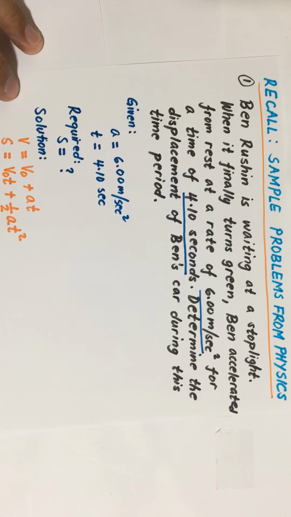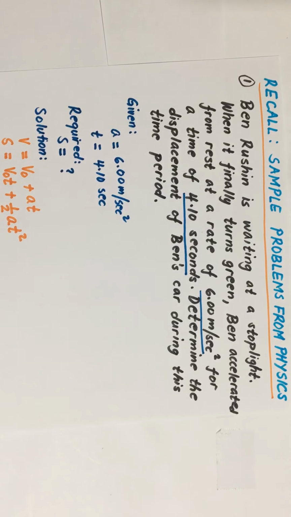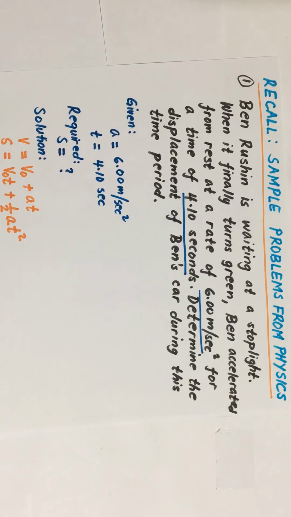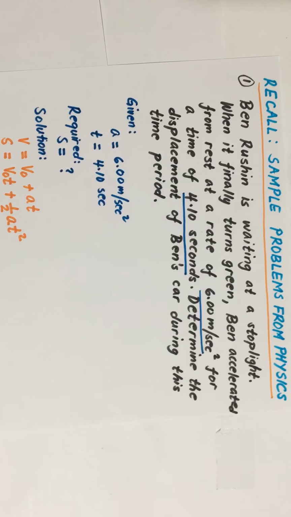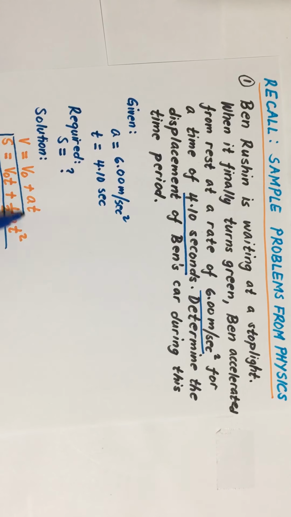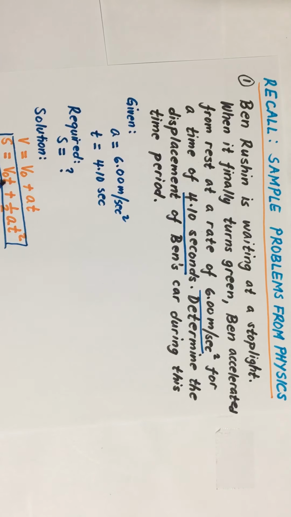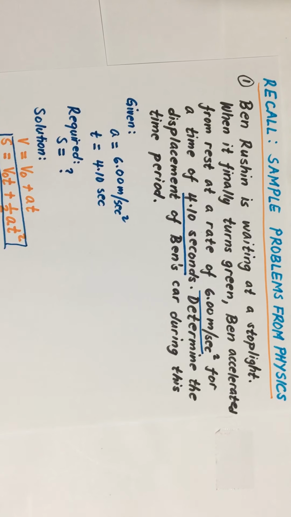So at t equal to 0, we can say that the initial velocity is equal to 0 as well. Now if you are going to use this formula, because we're given the time and we're given the acceleration, it's just a simple substitution, class.